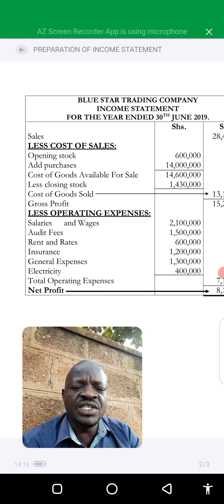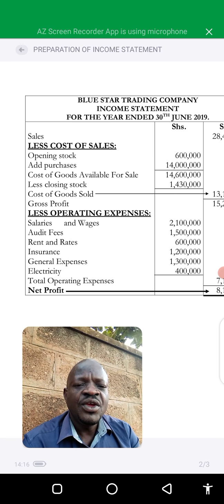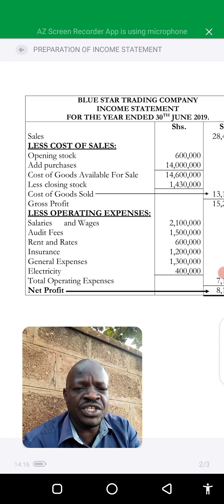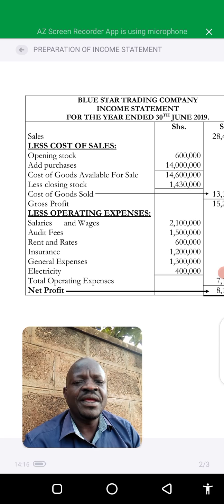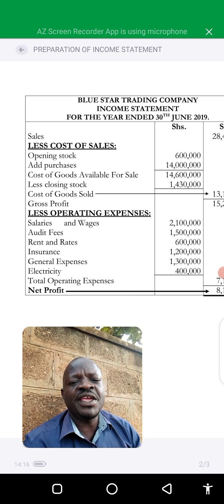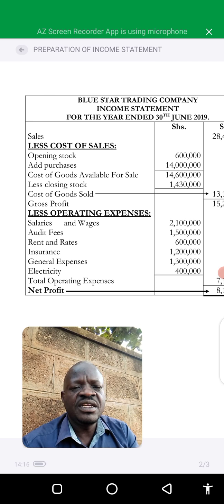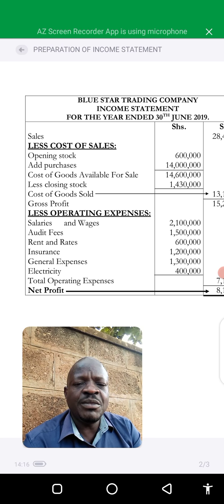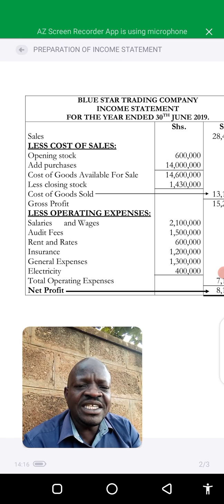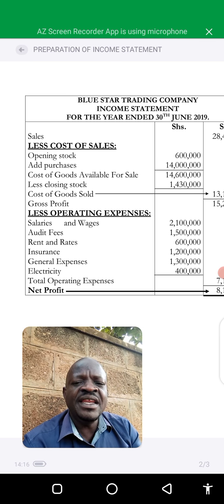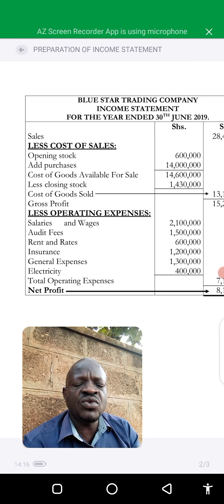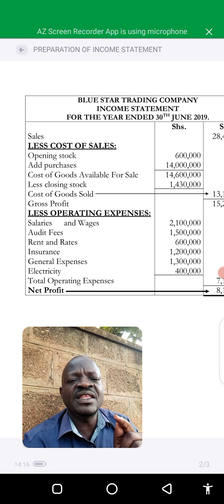Those are the goods you have remained with in the business that you have not sold. Therefore, these goods we must subtract, to see how much we actually sold. Therefore, we shall get the cost of goods available for sale of 14,600,000 less closing stock of 1,430,000.